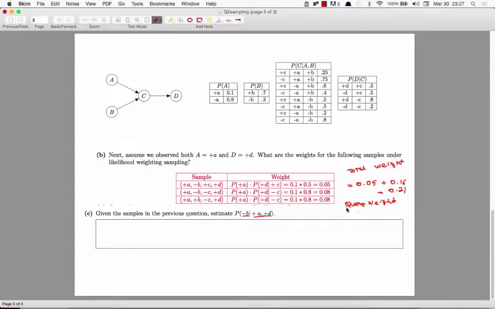So the weight of the samples which are consistent with the query is 0.13. So this probability is the likelihood weight of the samples which are consistent with the query, which is 0.13, upon the total weight of the samples, 0.21. So again, 13 by 21.